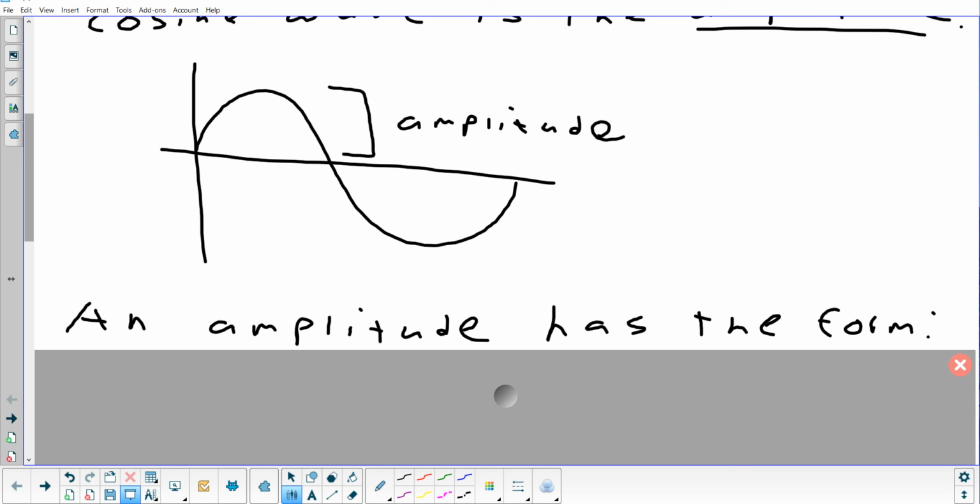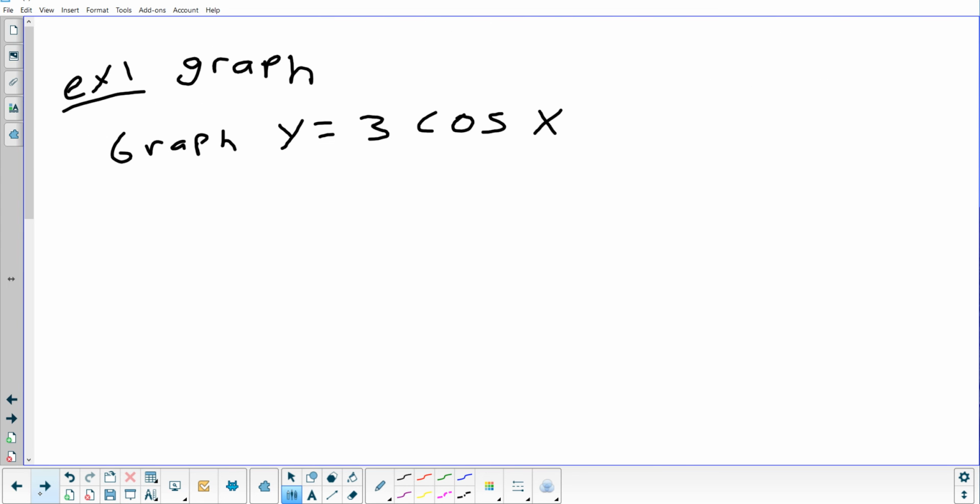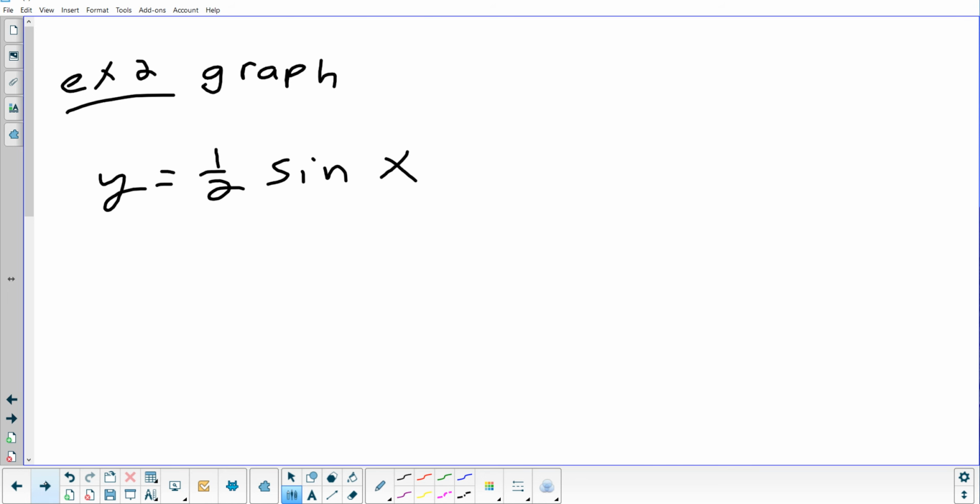So, just like we did yesterday, the first thing we're going to look at is, when you have an equation, how do you know if it's an amplitude change? Let me show you a couple examples of problems. That's an amplitude change. That's an amplitude change. And the difference from yesterday is, first of all, you're not doing something inside the parentheses.